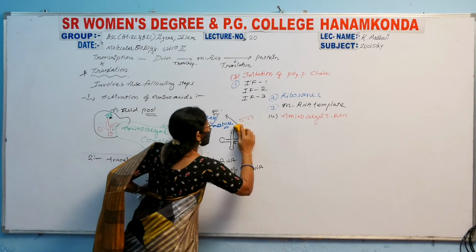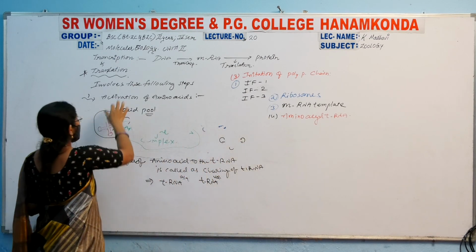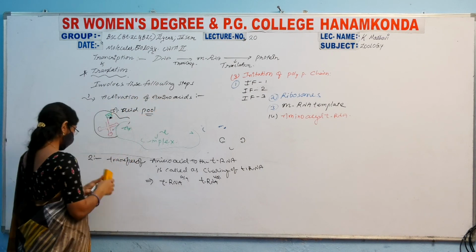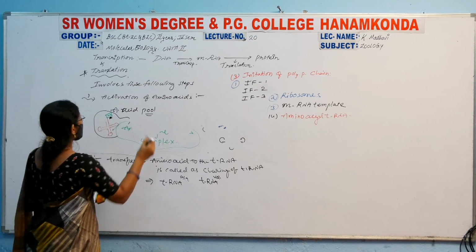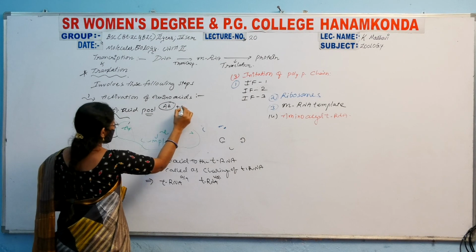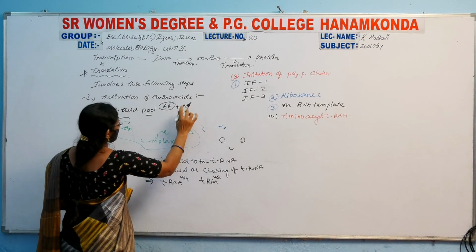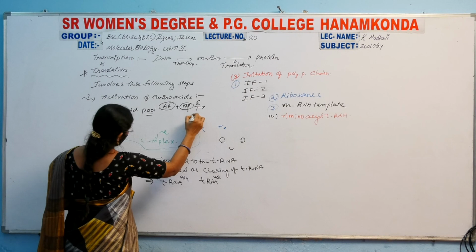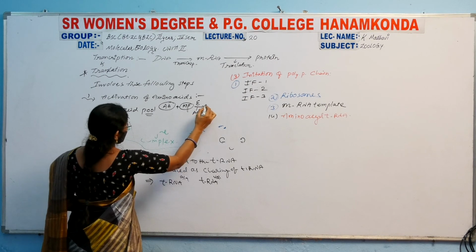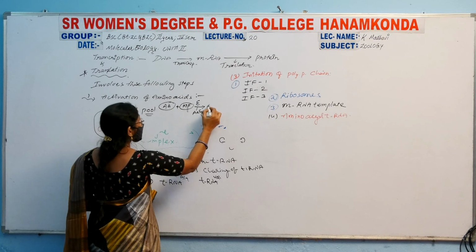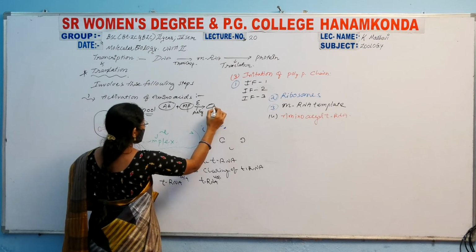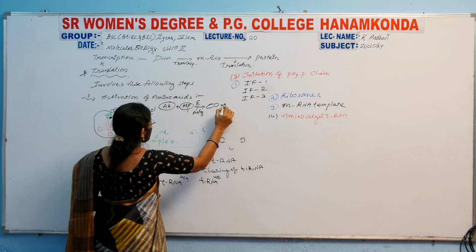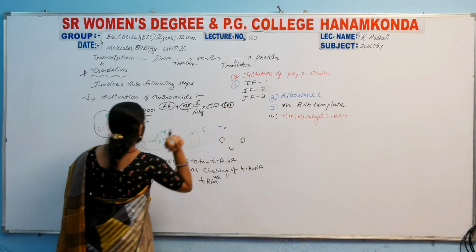The first step is the activation of amino acids, which means the amino acid is combined with ATP, with the help of the enzyme amino acyl synthetase, to form the amino acyl AMP synthetase complex, and inorganic phosphates are released in the first step.